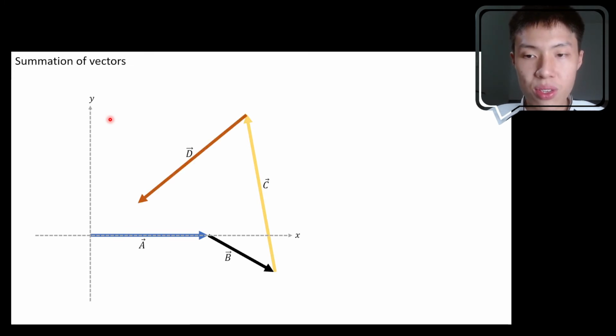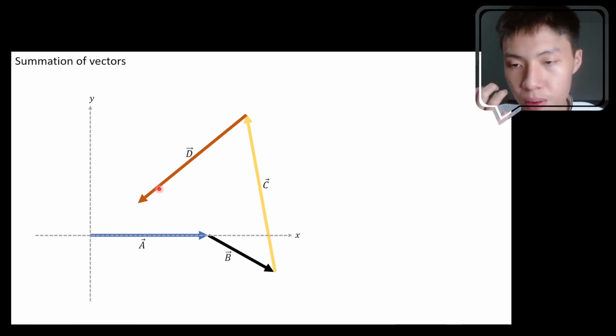Okay, so we take the tail of the next vector and we connect it with the head of the previous vector. We continue everything flowing until here.